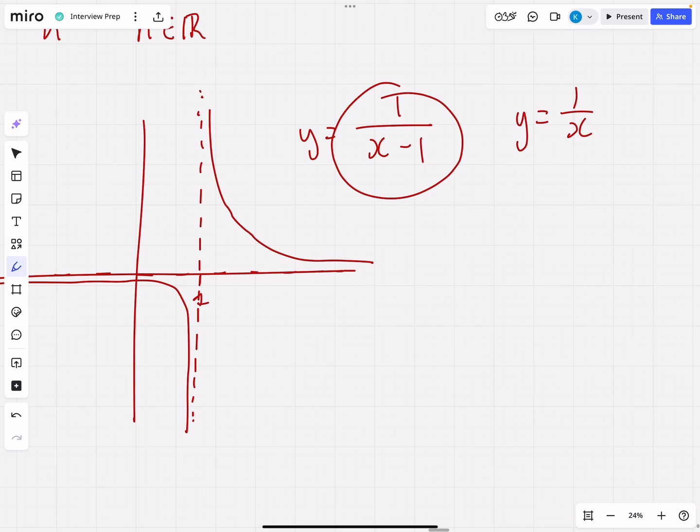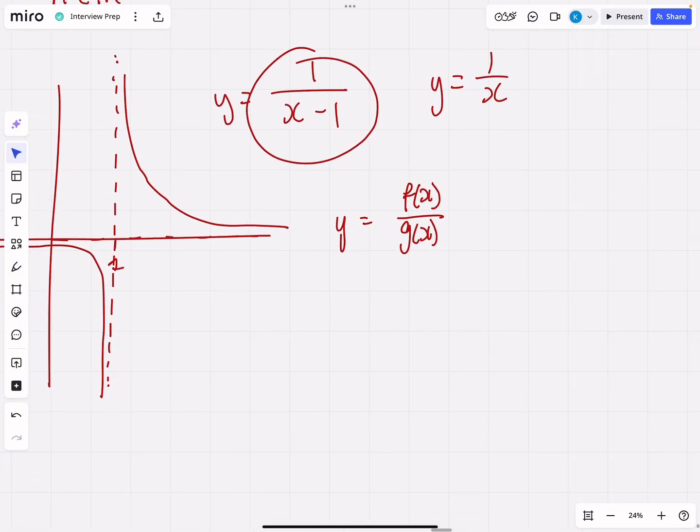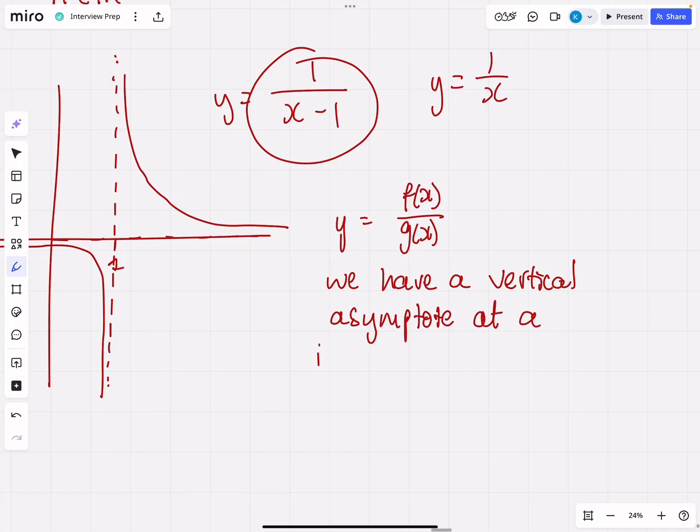So yeah, we get vertical asymptotes due to division by 0. So if you have a rational function, so you have y equals f of x over g of x, right? We have a vertical asymptote at a if g of a is equal to 0.